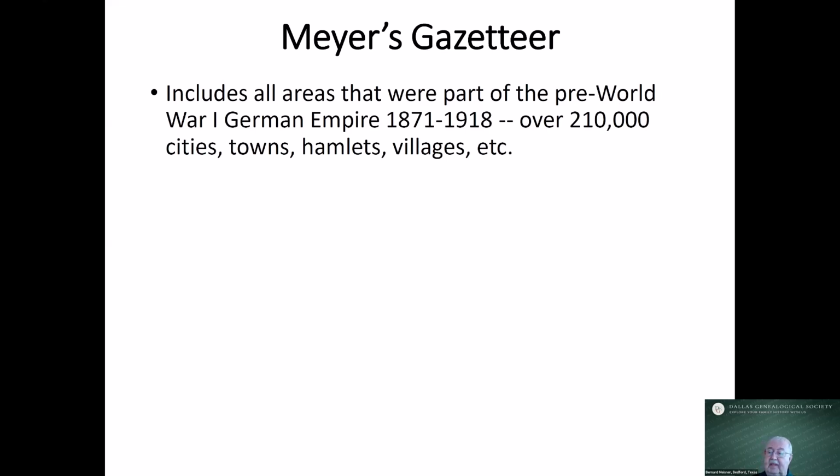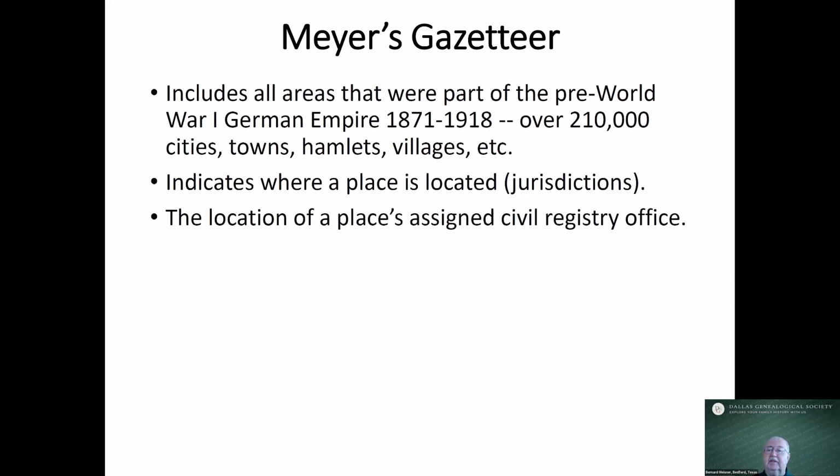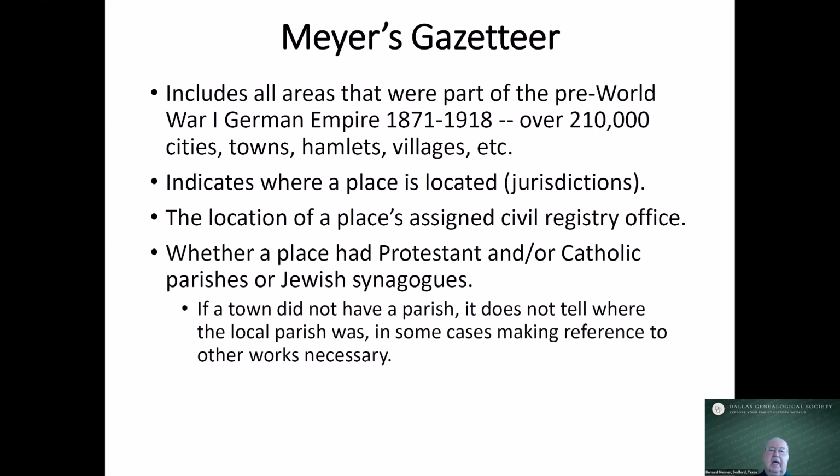Over 210,000 places. It indicates where the place is located and gives you an indication of the various jurisdictions. It tells you where the civil registry office was for those records after the mid-1870s, which you can use in addition to the parish records, and whether it had Protestant, Catholic, and Jewish synagogues. However, it doesn't tell you where the local parish was. Hansen guides will.